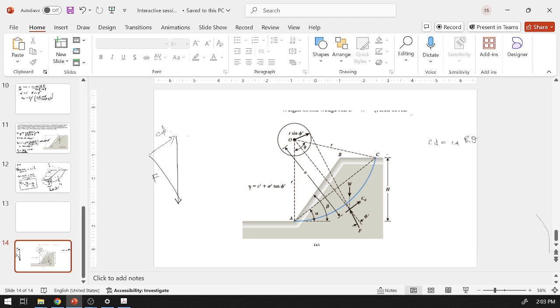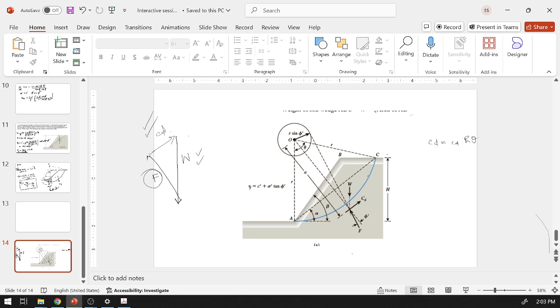This is the direction of CD. We know the direction and magnitude of W, we know the direction of CD. From here, we can calculate the magnitude and the direction of F, isn't it? So this F is basically the resultant force which is acting here.